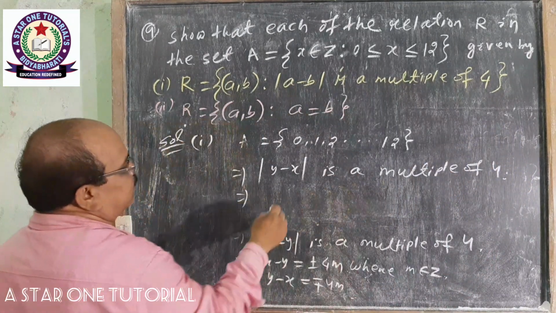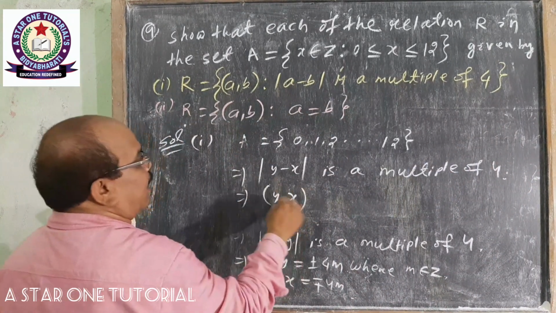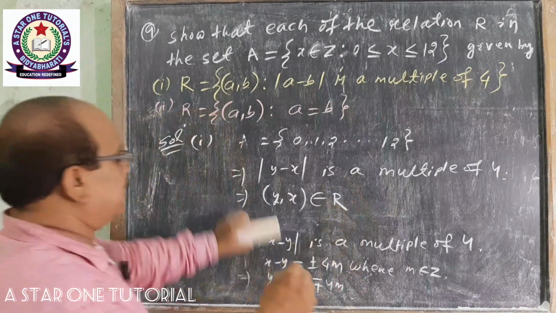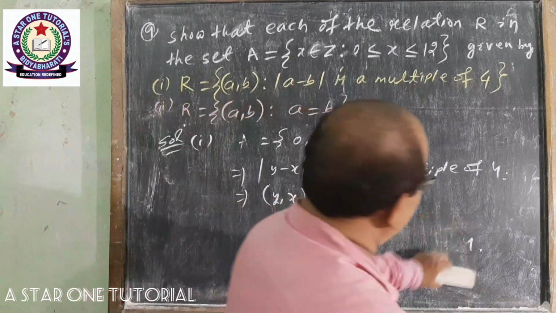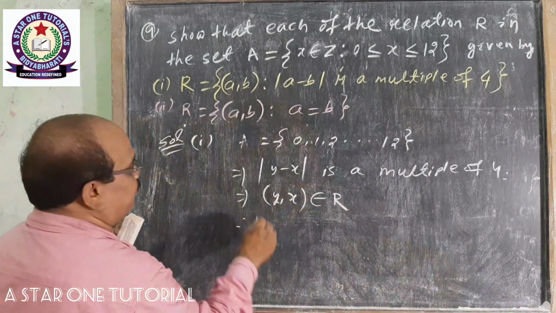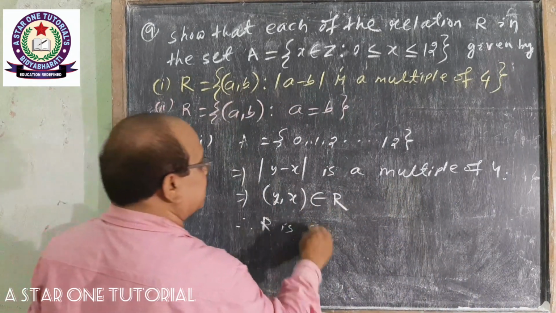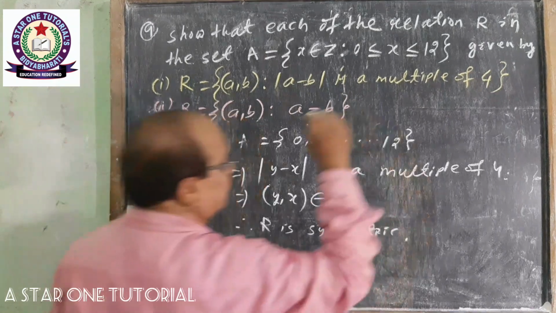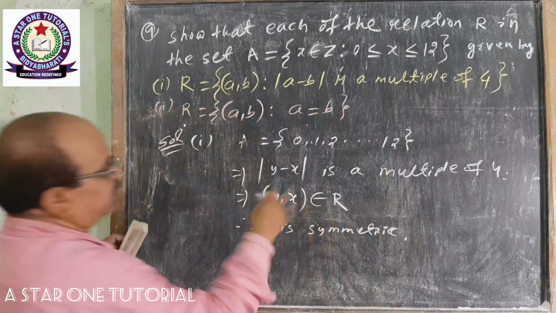That implies the ordered pair (y, x) belongs to R. Therefore R is symmetric. This is very simple. So symmetric is complete.